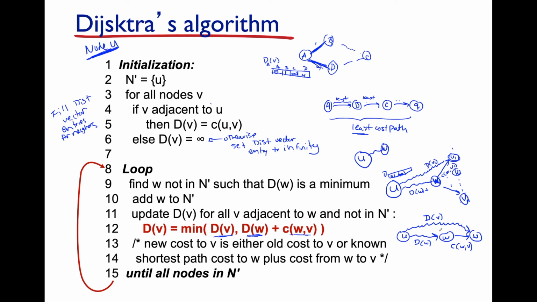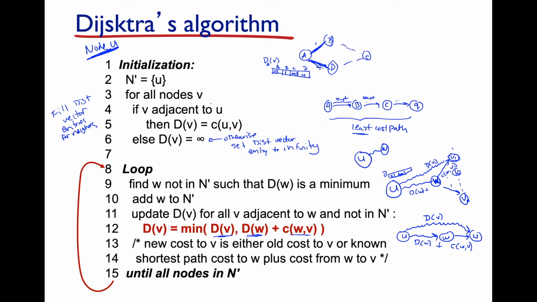Okay? So I do that each time, taking each node W that's closest to me on the least cost path, and I check all of its neighbors and do this fix up. Okay? Is it better to preserve the old path to get to that node V, or get to V indirectly through W at a cost of dW plus that link cost from W to V?